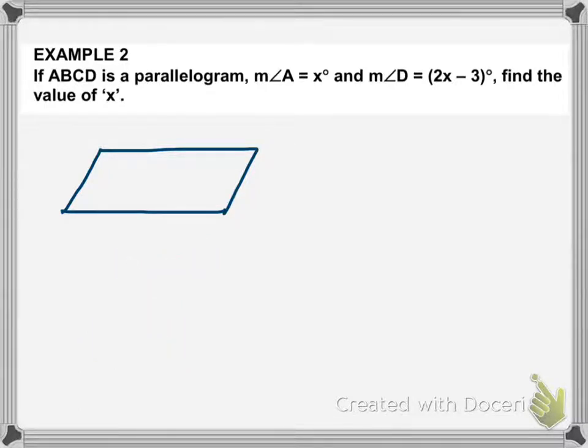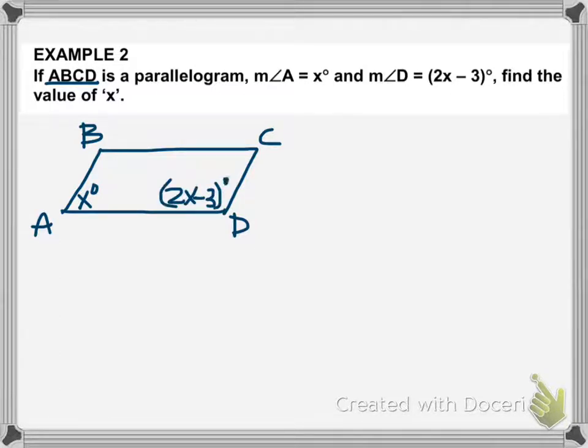All right, we're going to go ahead and label it with its vertices. Now I could start labeling it at any vertex, and then I want to continue with the order of those vertices, either clockwise or counterclockwise. I'm just going to start down here and go clockwise, A, B, C, D. It says the measure of angle A is x degrees, and the measure of angle D is 2x minus 3 degrees.